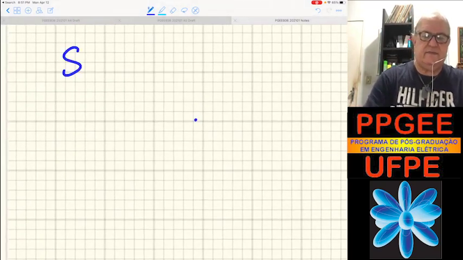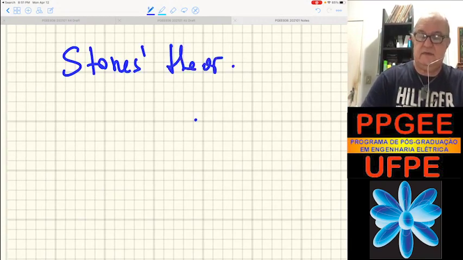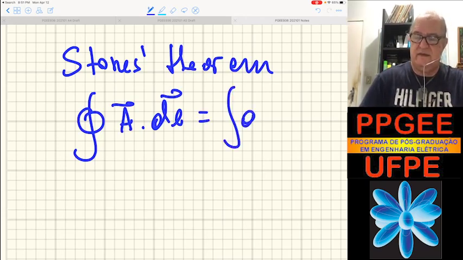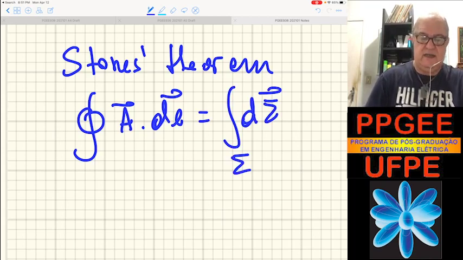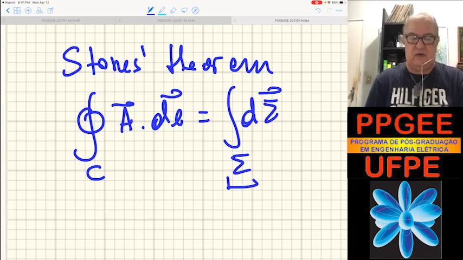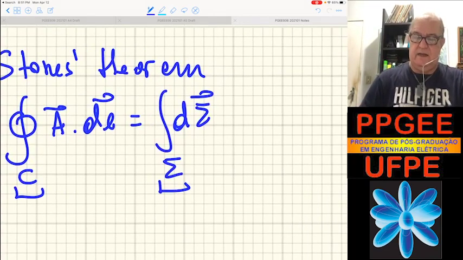Stokes' theorem states that the circulation of a field equals the flux of the curl of the field on the surface that encloses the path. I mean, the open surface enclosed by C, we have the curl of A.